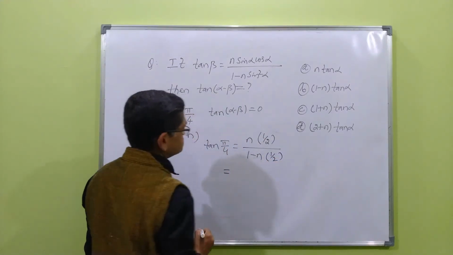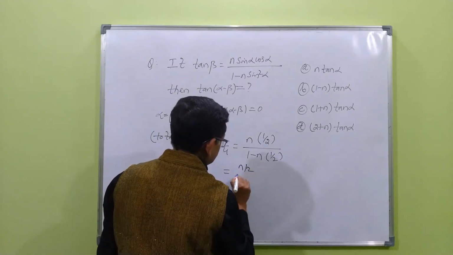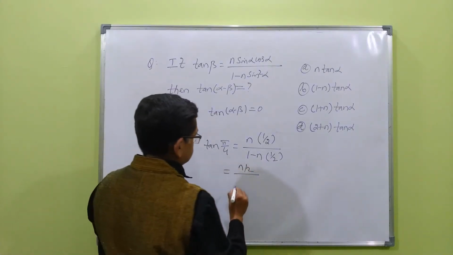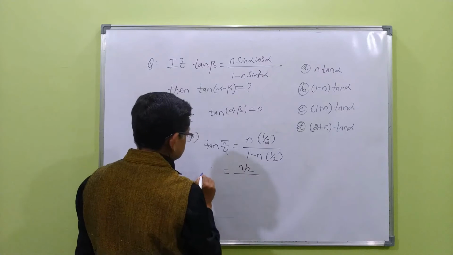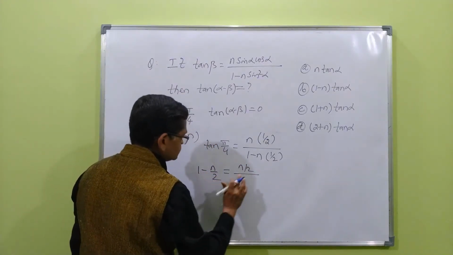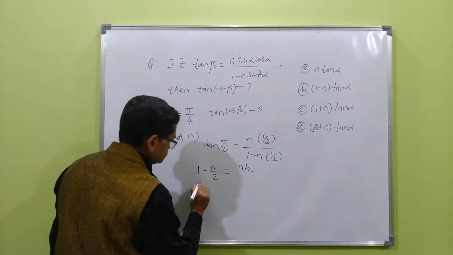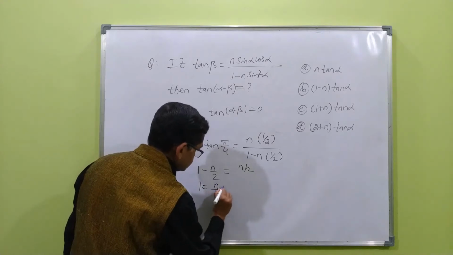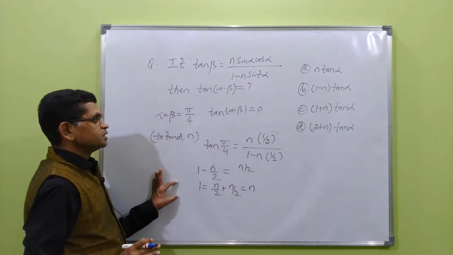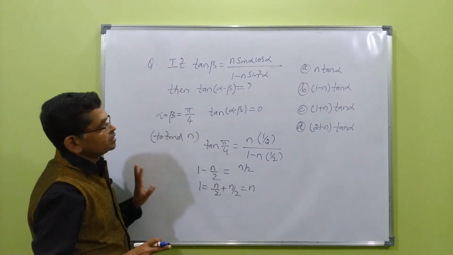So what is this? This is n by 2 divided by 1 minus n by 2. You need not write the denominator, just cross multiply. That implies 1 is equal to n by 2 plus n by 2, it is n. So n is equal to 1 and alpha and beta are equal to pi by 4.